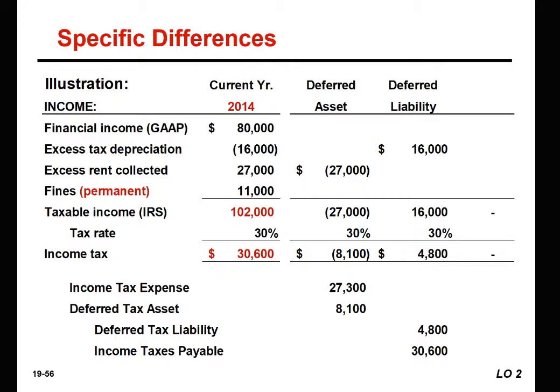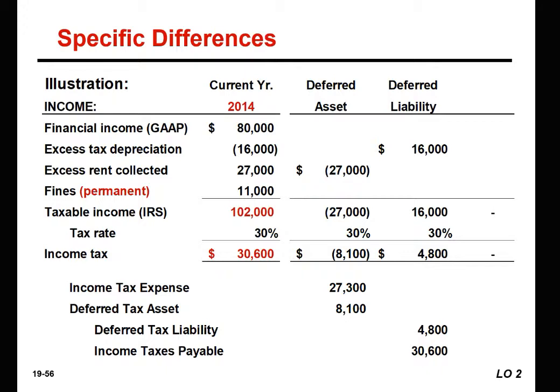Now, there is one little area where things can really get unusual, and this happens not all of the time, but can happen more frequently than not. And that's a change in future tax rates. Corporate taxation is very complicated. It's a specialized section of income tax accounting.